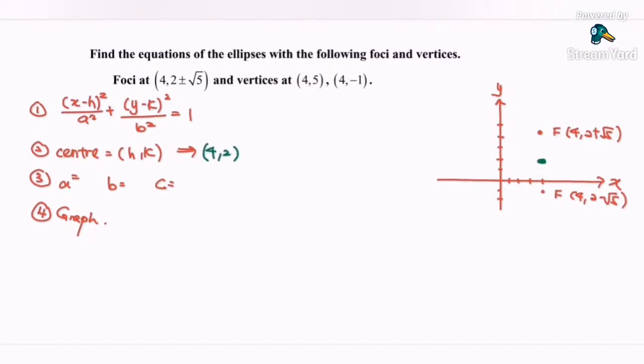As we can see, that is what we call a major axis that passes through the foci. Next, kindly refer to another piece of info where we have (4, 5). So the location is 4 and the unit is 5. So let's say we have 1, 2, 3, 4, and 5. So here will be the location for (4, 5). So I can say this is the major vertex.